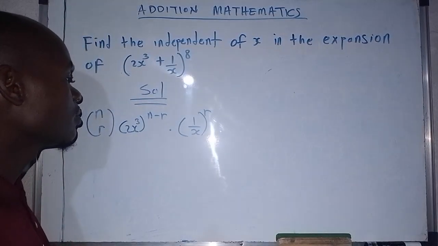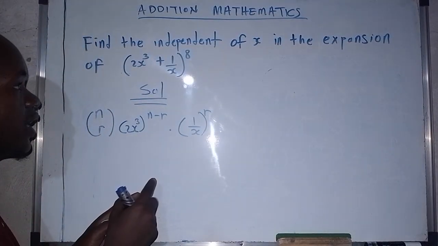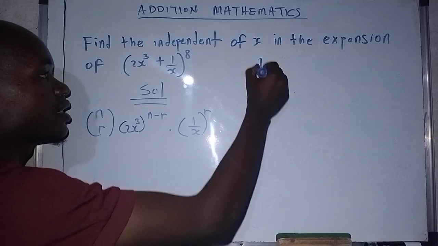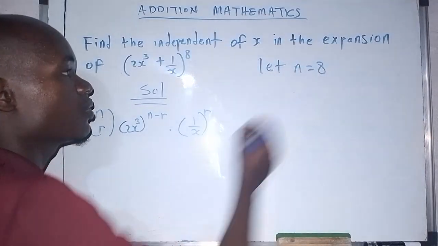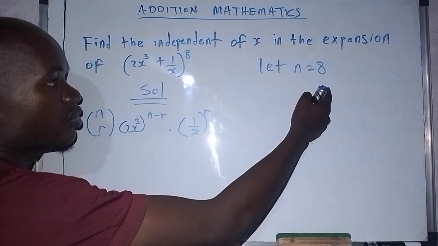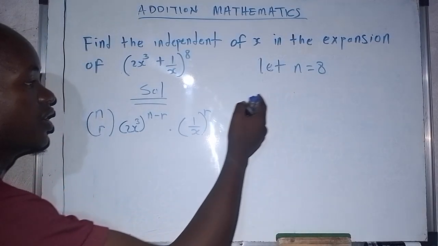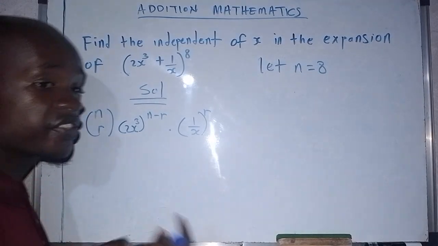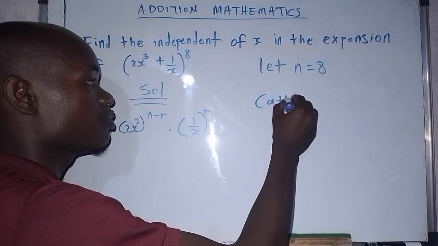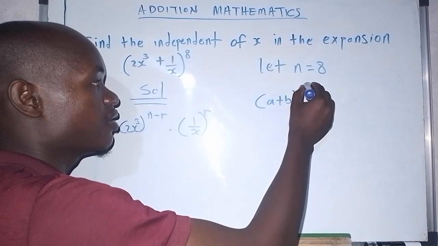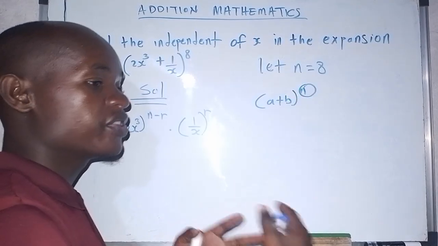Now from here, we are going to let n be equal to 8. Now n should be 8. Why? Because this n represents the power. Remember I said if you have (a + b)^n, this n represents the power.